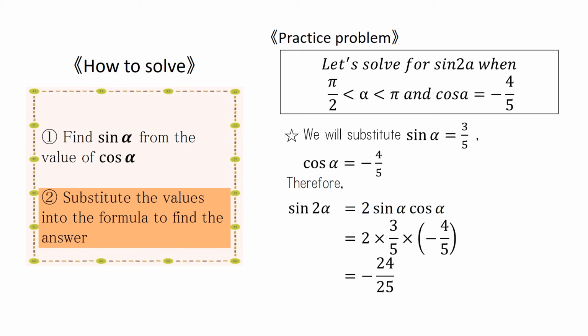When we do this, we get sin 2 times alpha equals 2 sin alpha cosine alpha, which equals 2 times 3 over 5 times (negative 4 over 5). This equals negative 24 over 25.